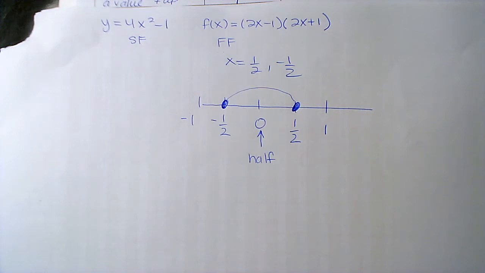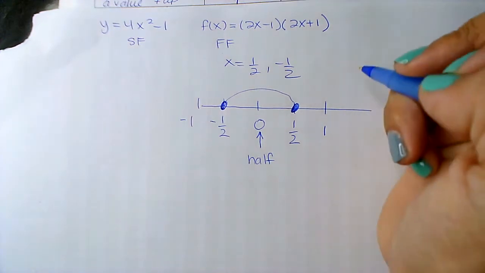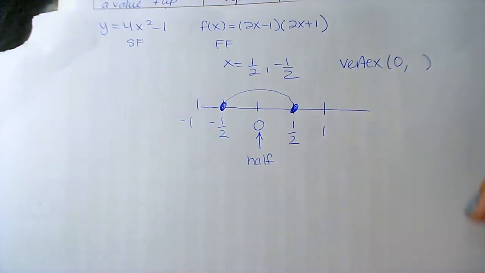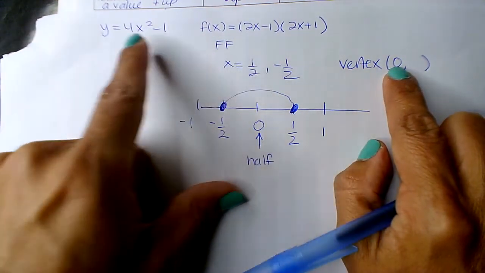Okay, so that means for your vertex, the 0 is your x value. You now need to find your y value. Substitution. Okay, so can I substitute? All right, so if I substitute, you could take the 0 into factored or standard.